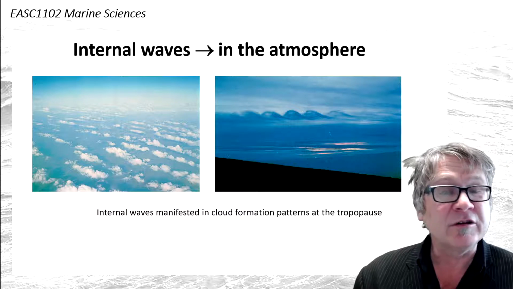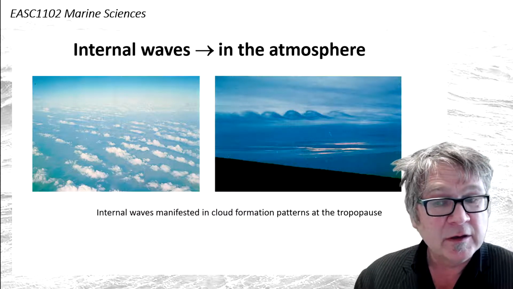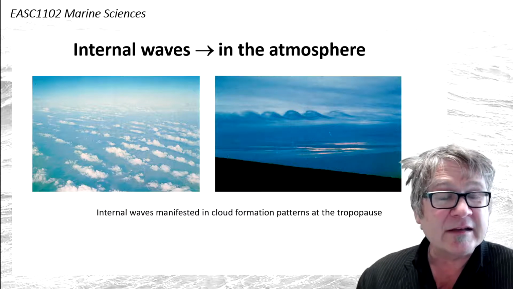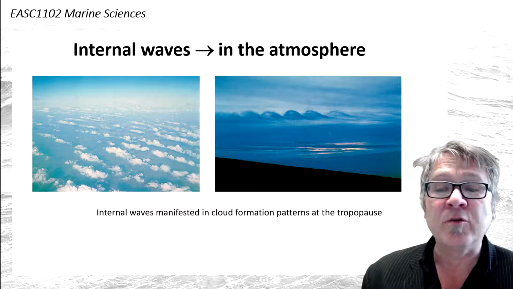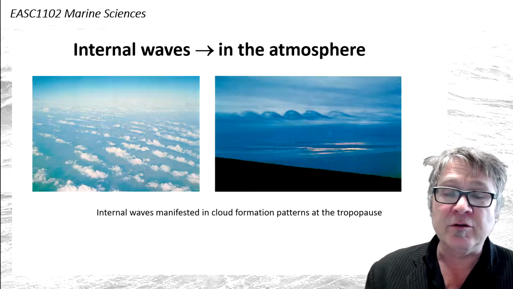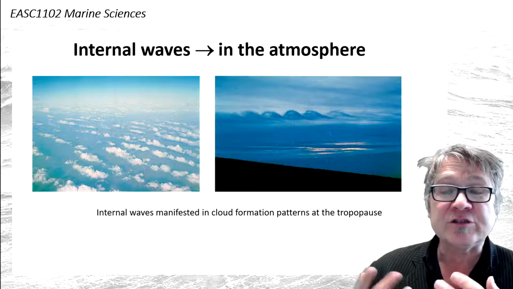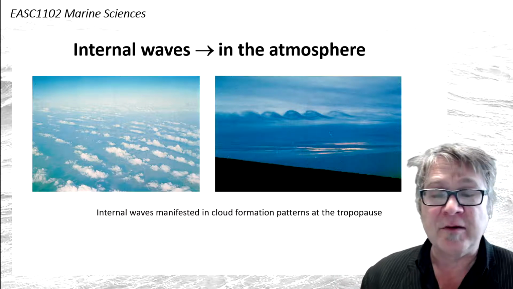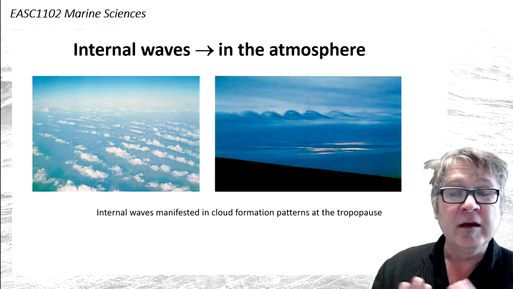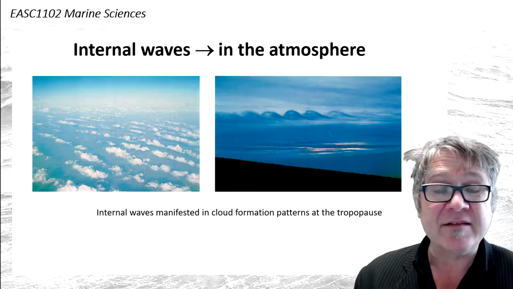You can suppress clouds by lifting air masses downward. And if you do that in a systematic way, you can create cloud streaks, which are shown here on the top left. These streaks of parallel cloud bands.